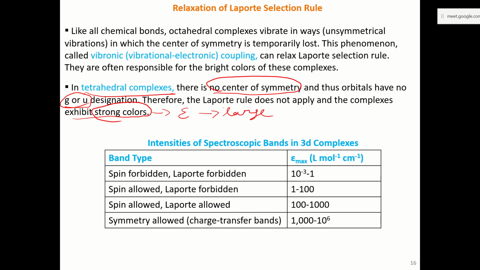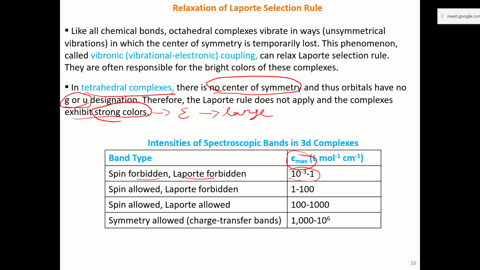And that's what we are seeing here, epsilon max. In 3D complexes, where it is Laporte forbidden and spin forbidden, the absorption happens because of the breakdown of certain symmetry considerations and rules, but it will be very, very weak, 10 to the power minus 3 to minus 1.